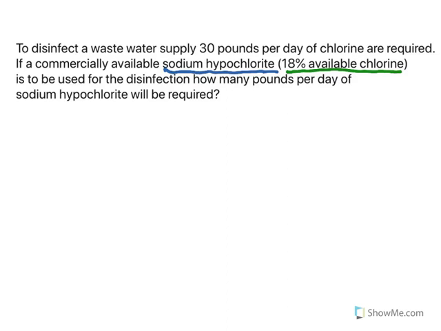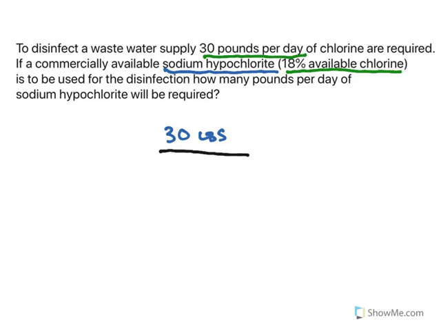if we need 30 pounds per day of chlorine, but we're going to use sodium hypochlorite instead, then intuitively we know that we're going to need to use more sodium hypochlorite.